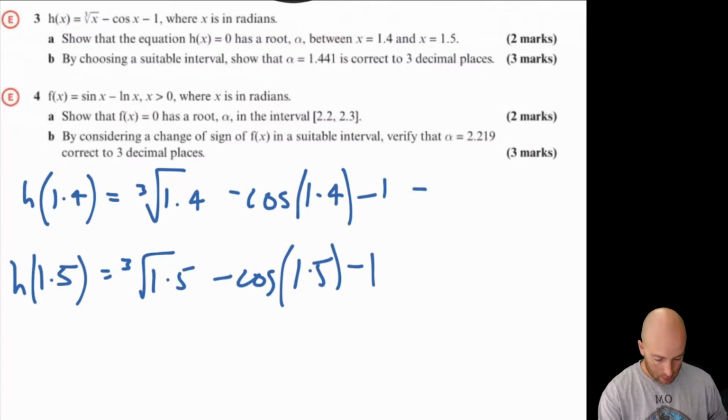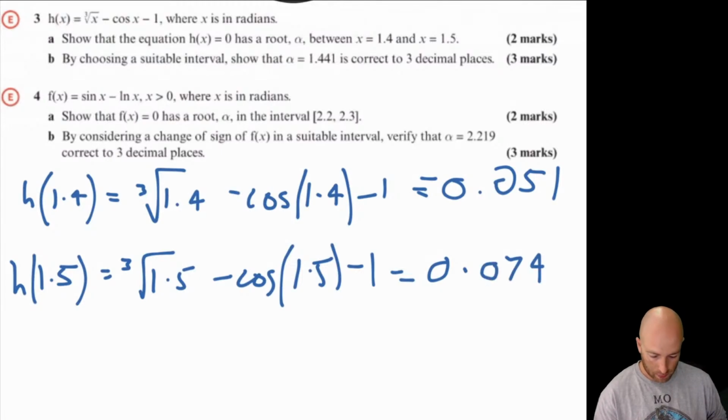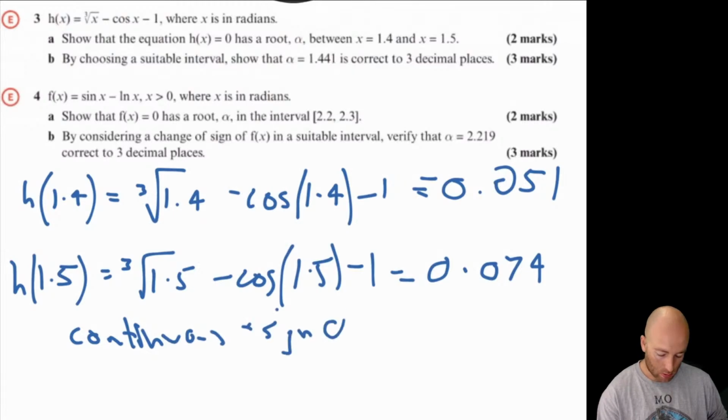And we get minus 0.051. Do the same thing for 1.5, and we get 0.074. So yeah, continuous plus sign change, therefore root.